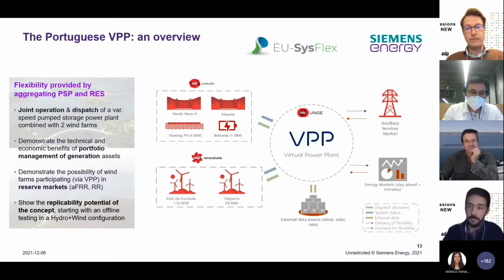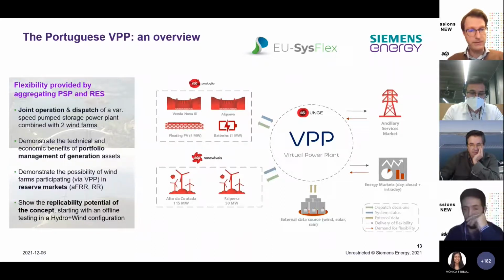So the flexibility here with the pumped storage plant and the renewable energy sources is going to be provided by a joint operation and dispatch of these assets. The goal was to demonstrate technical but also economical benefit of this portfolio management, you can call it, of these generating assets.